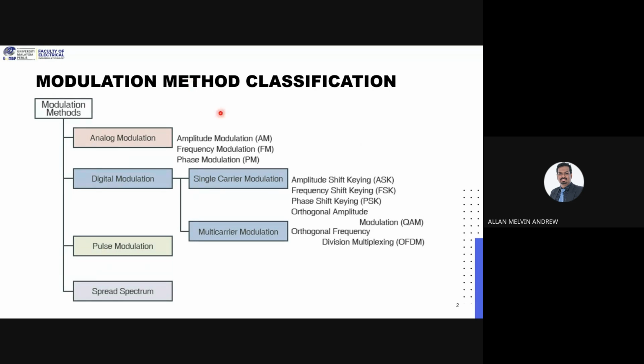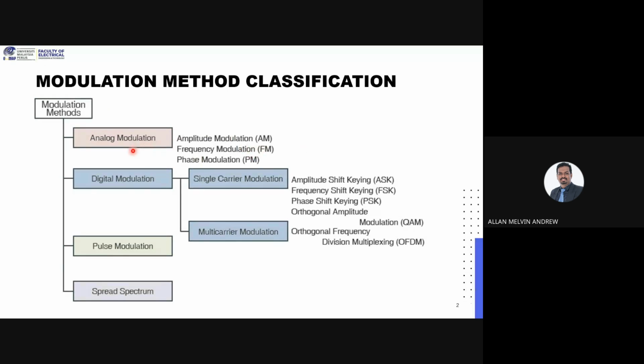Okay, so the types of modulations, modulation method classification, there are various types of modulations. The modulations that we usually see are analog modulation, because it has been available for many years, since the time of radio broadcasting. So mostly it is using analog modulations. Under analog modulation, there are a few other modulations as well.